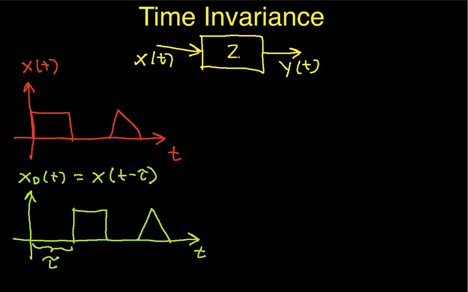Okay, so let's put these two signals through this system that multiplies everything by 2, and see what we get. The first signal, everything gets multiplied by 2, so it's going to look something like this.